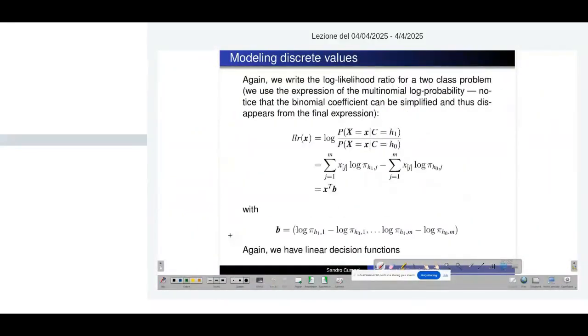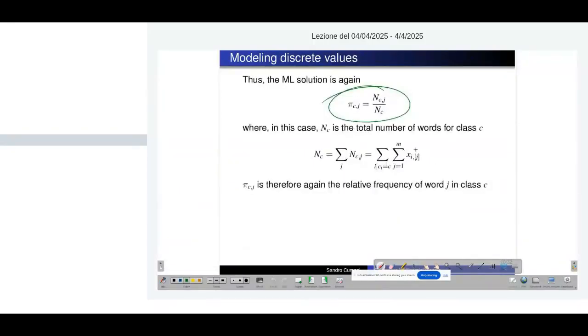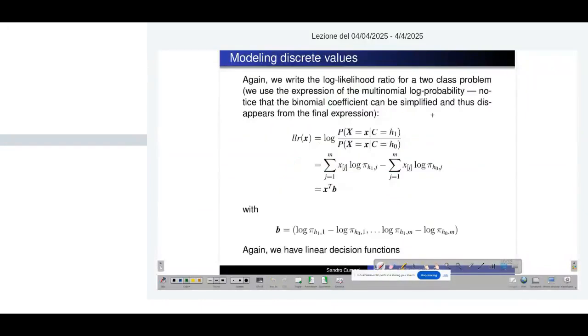Now let's use this model in practice. Well, before we use it in practice, let's see another interesting property of these models. Once we have trained our model, whether we represent it as a categorical or a multinomial, we have said it doesn't make any difference. In all cases, we can imagine we take our documents, treat them as a sequence of words, and then compute the frequency of the words in each class.